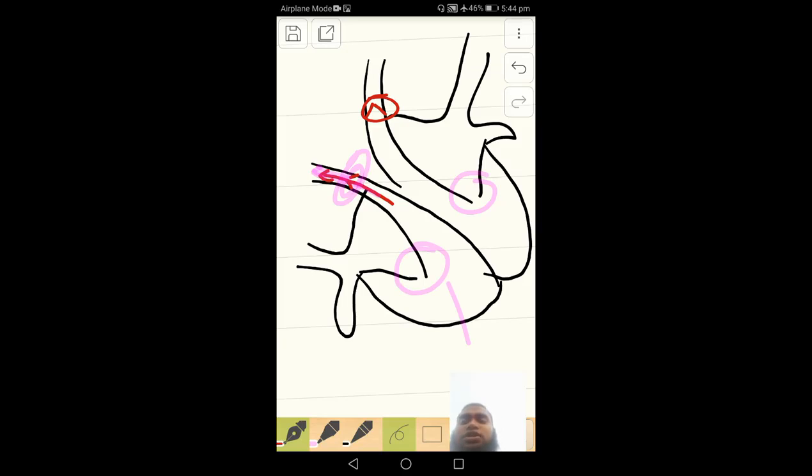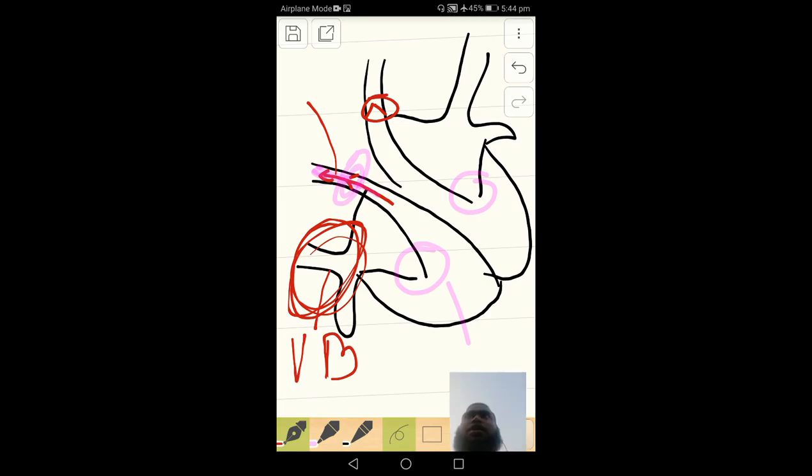We know that at the right side of the heart, the vein is attached with the body cavity, and the artery is attached with the lungs.